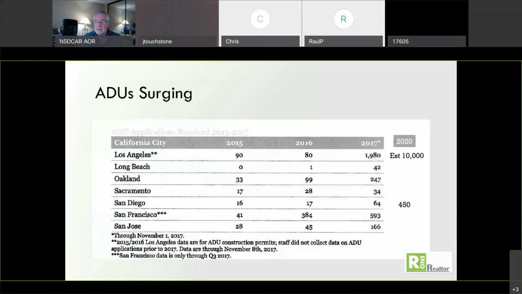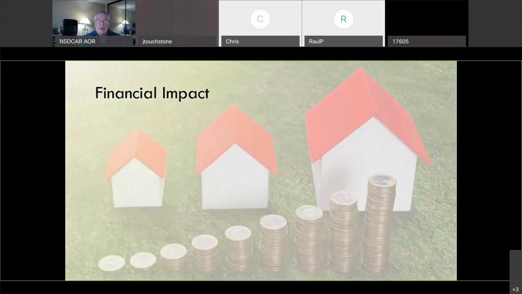Look at Los Angeles, which was estimated at 10,000. I did this slide only a month ago, and I just saw a press release recently where this got readjusted to 13,000 applications for ADUs. So it's absolutely exploding, and there's no reason why we shouldn't start seeing these types of results throughout the state of California. So here's some real valid proof of what an exciting opportunity this is.